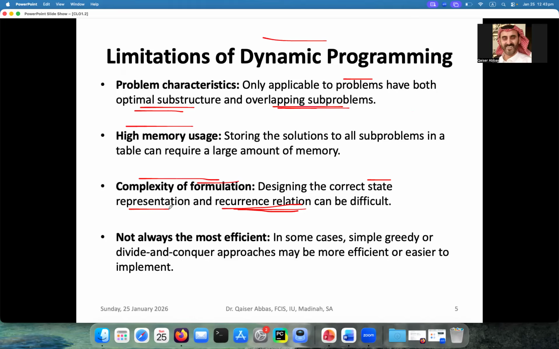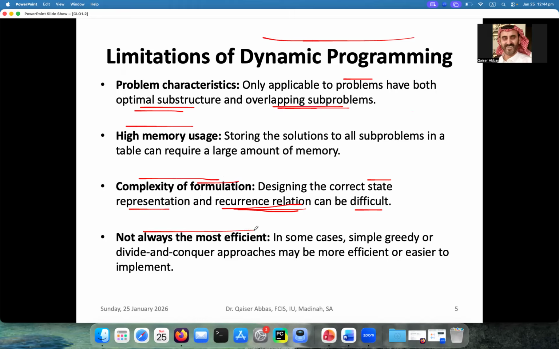Their designing is difficult and complex. So if you have to build some algorithm for a problem using DP, it is not easy, and its formulation can be complex.